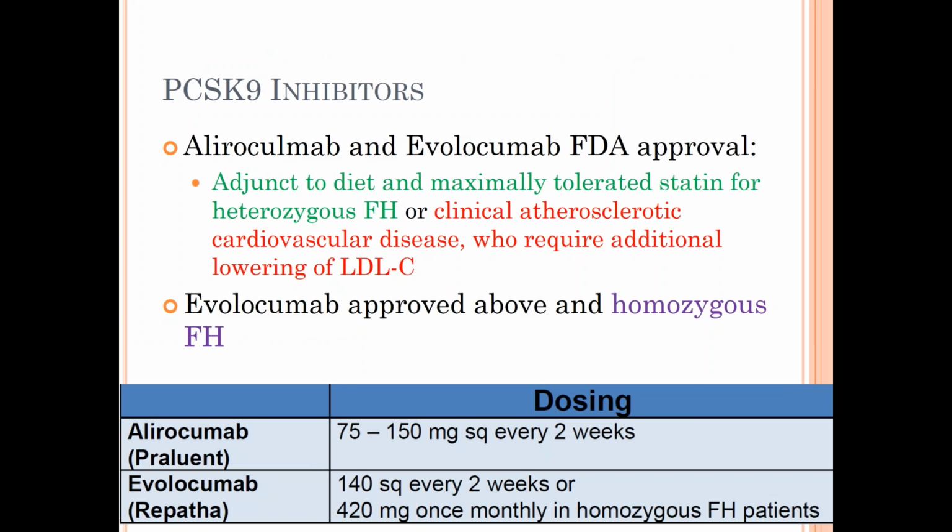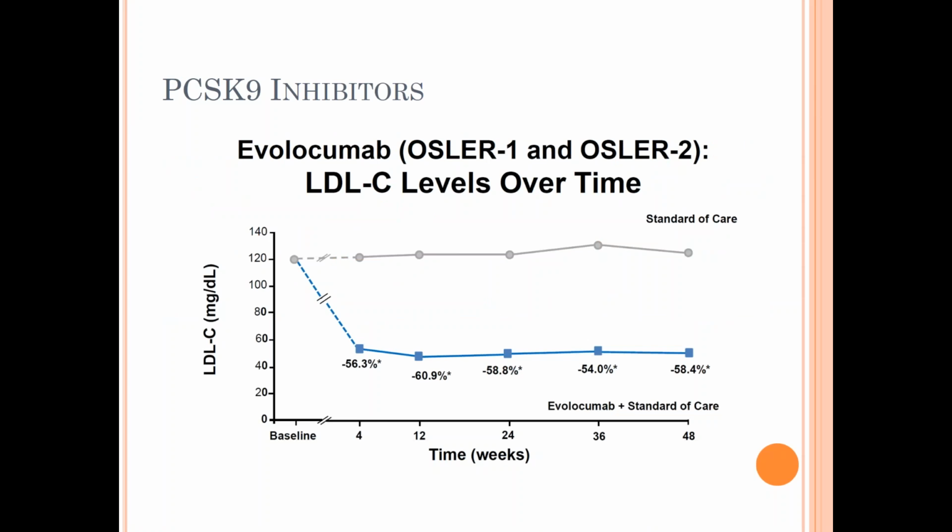So both agents are approved for patients with heterozygous FH and for patients with clinical atherosclerosis who require additional lowering of LDL, currently on maximum tolerated statin therapy and possibly another agent. Evolocumab is, however, the only agent approved for homozygous FH.